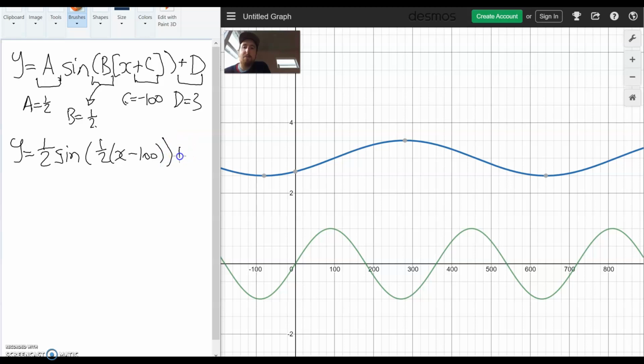Bigger bracket plus 3. And then just to note, we could have had alternative answers. We did say that could have been positive 260 or negative 460. But we are focusing on answers within the 2 pi or the 360 degree range.